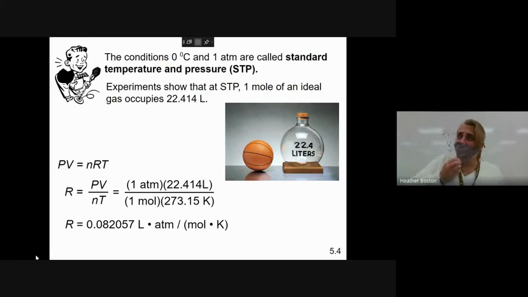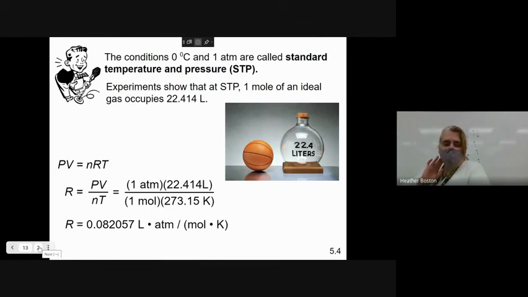Now you guys are far enough along in chemistry where you understand, okay, she's using 22.4 liters instead of 22.414 liters. Those are the same numbers. The only difference that they have is the amount of sig figs. So it's okay. They mean the same thing. It's just how many sig figs do you want to use? So we usually use 22.4 liters for the volume.